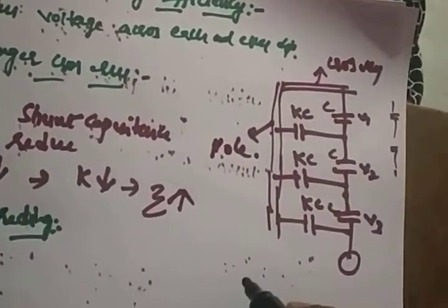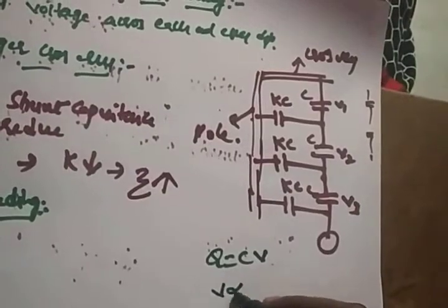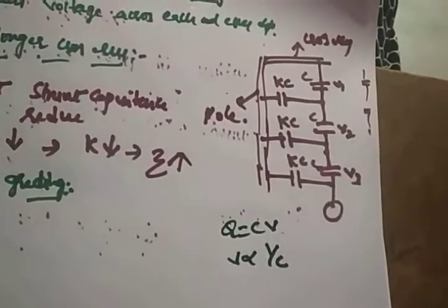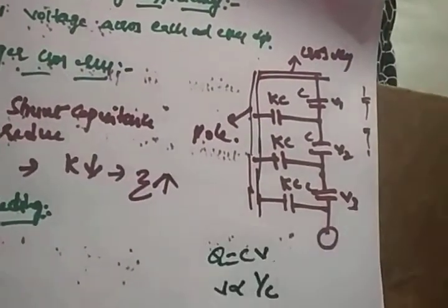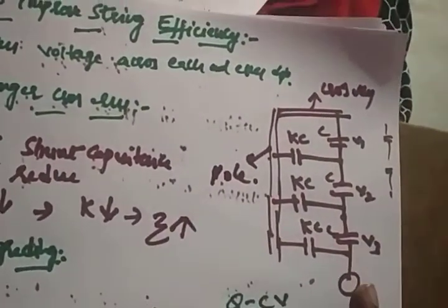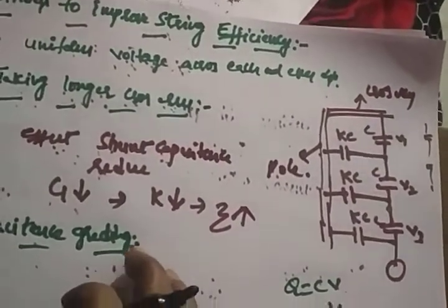Suppose, you know that Q is equal to CV. That means voltage is inversely proportional to capacitance. If the voltage increases, your capacitance is going to reduce. How can you maintain the string efficiency with capacitance grading?